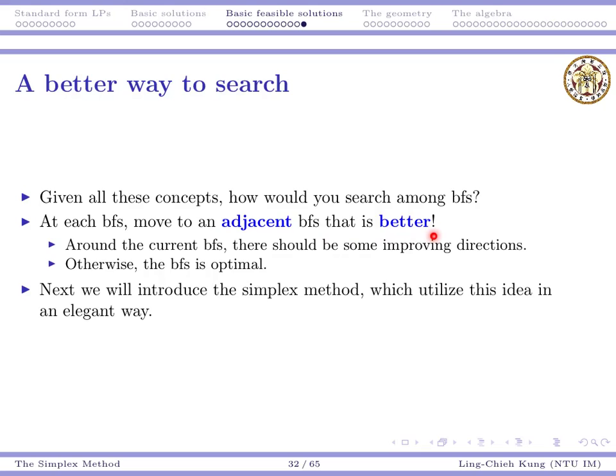I don't really need to check all the solutions; I only want to check better solutions. And if at a solution there is no improving direction, that means all its neighbors are worse than itself or equally good. What does that mean? That means that BFS is optimal. If I am at a solution and all the neighbors are worse than me, then in this linear program, that just means this solution is optimal.